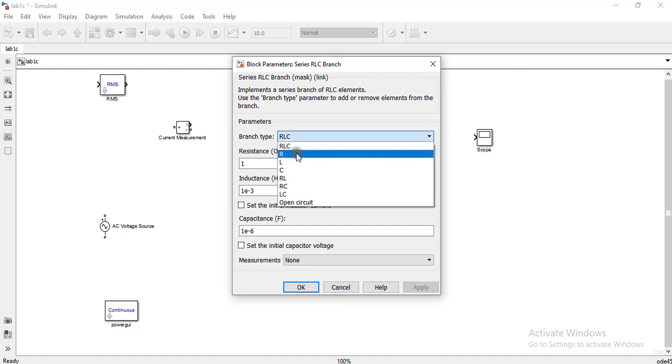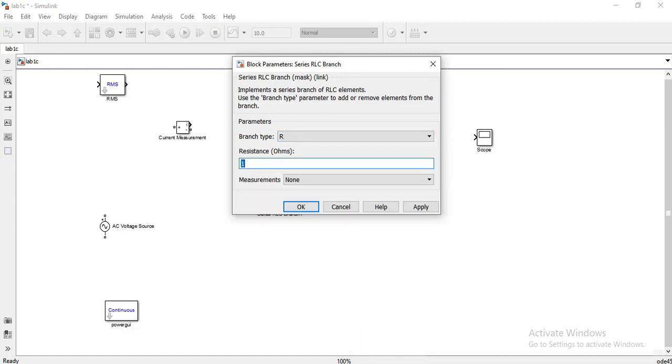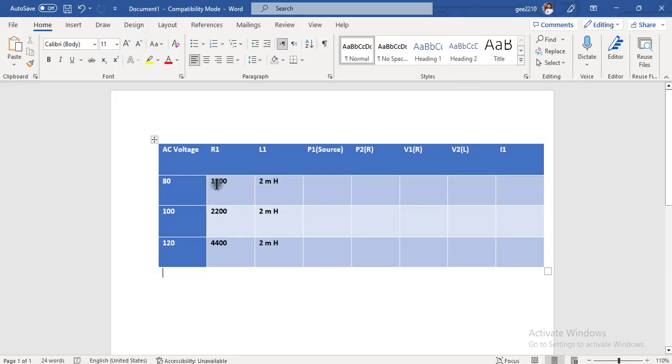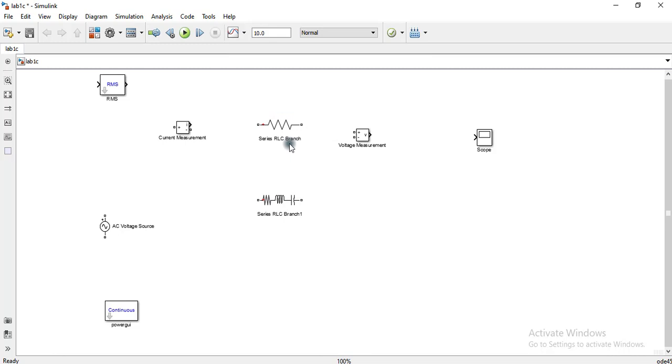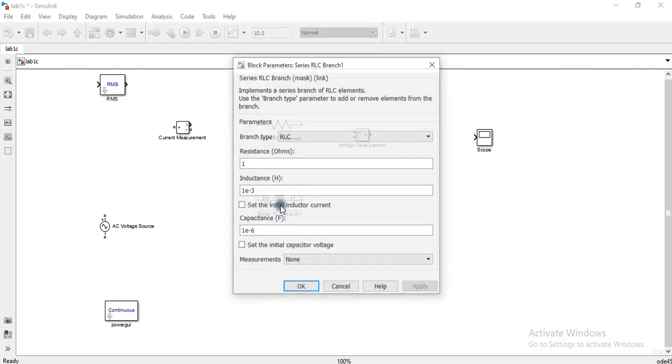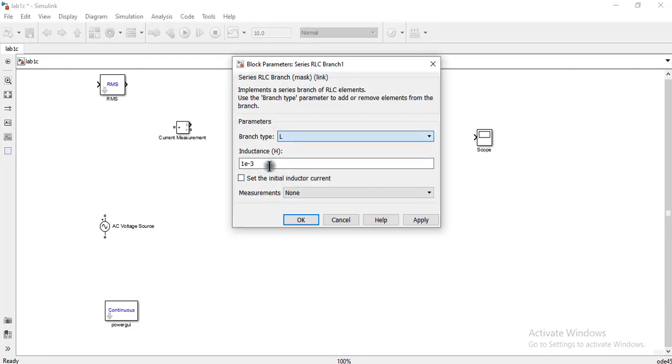This will be my resistance. What is the value of first resistance? 1100 ohm. So 1100 ohm. Inductance 2 millihenry.